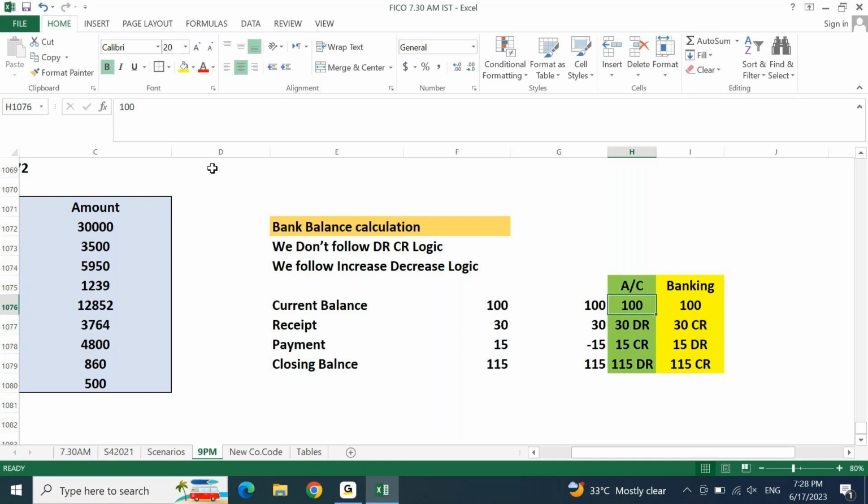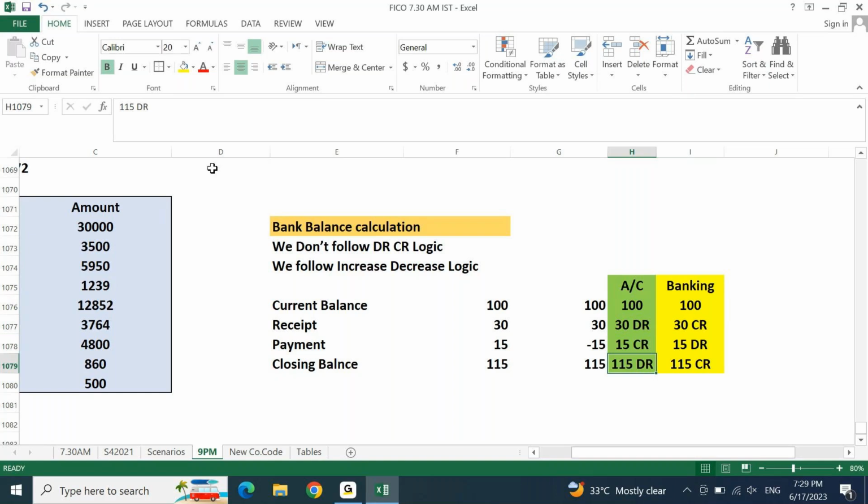So according to that, this is your available amount. Current account balance is 100. For the current account balance, you have received 30, so your account balance has become 130. From 130, you have paid 15. 130 minus 15 is 115.